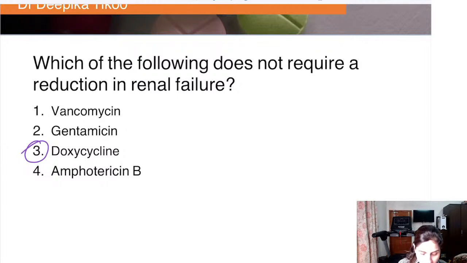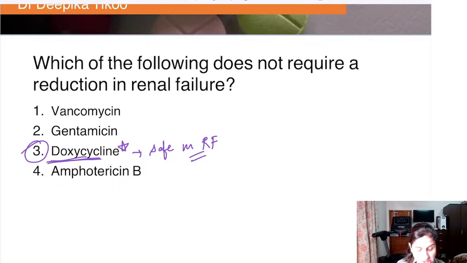So remember the point about doxycycline. This is one tetracycline which is safe in renal failure, so you have to know that. Otherwise, tetracyclines as such are not recommended in renal failure, but doxycycline is the only one which is safe.